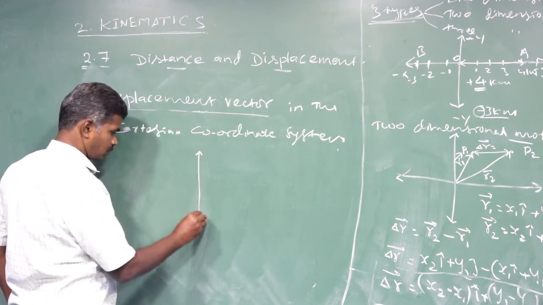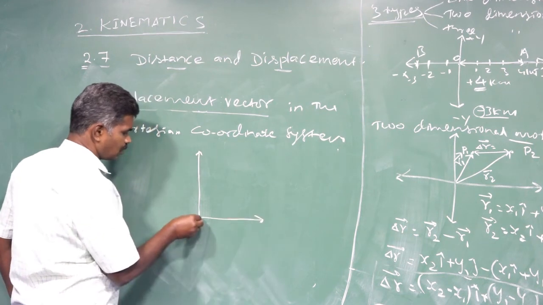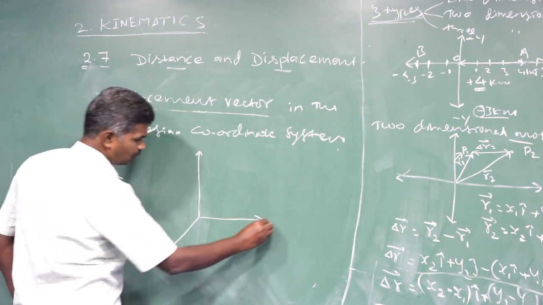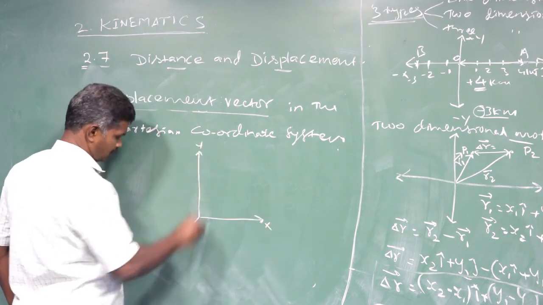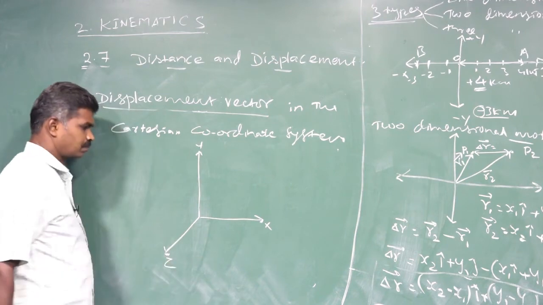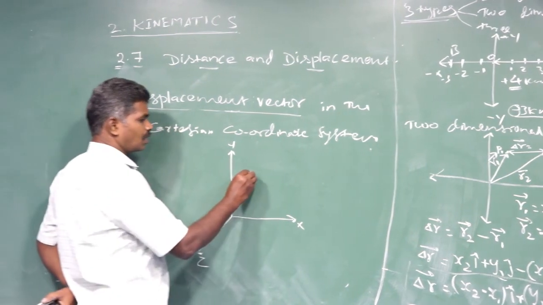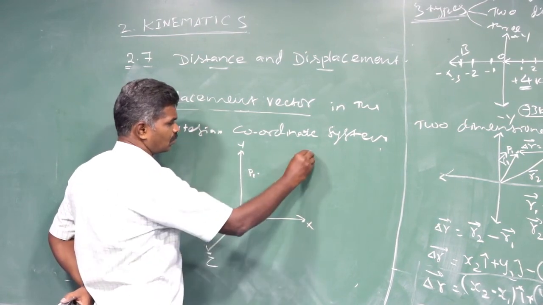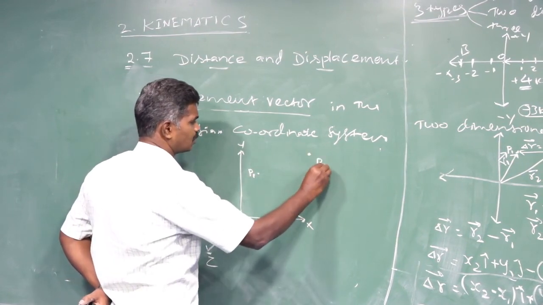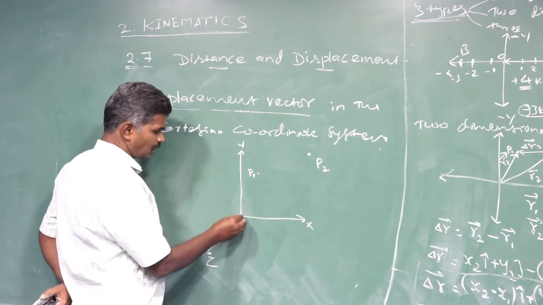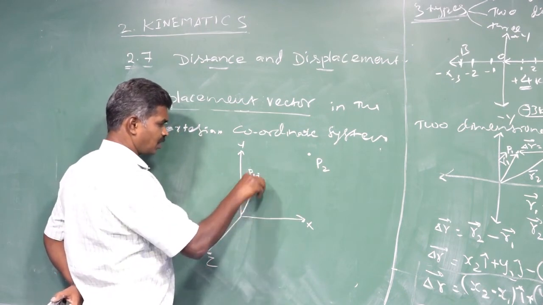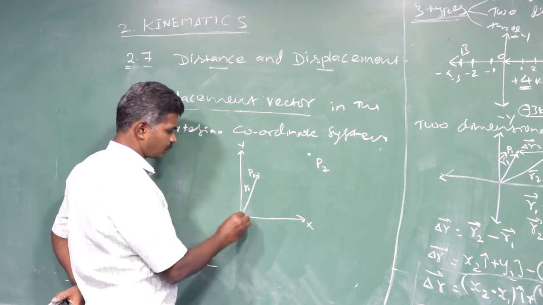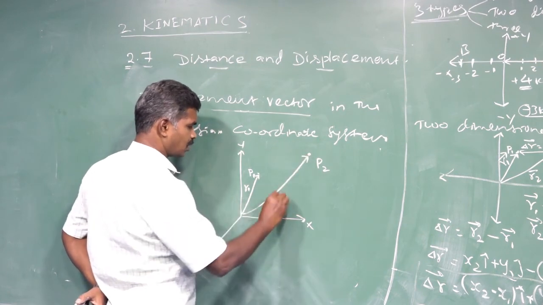We represent the positive axes x, y, z. There we have an initial position represented as P1 and a final position taken as P2. The position vector can be taken as R1, and this can be taken as R2.